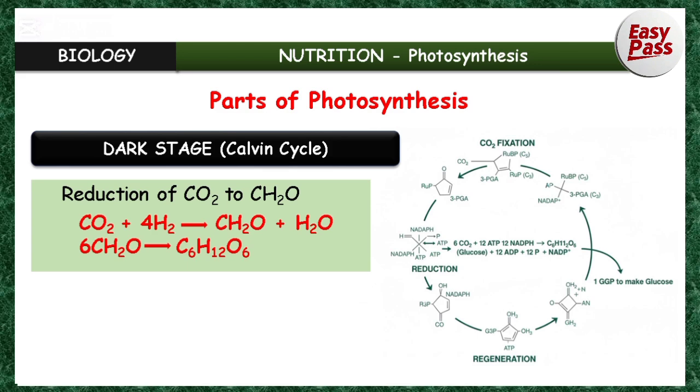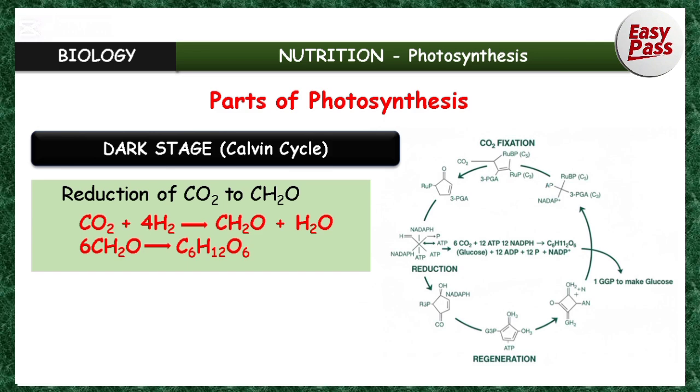Now, the dark stage reaction of photosynthesis is also called Calvin's cycle. That is to give honor to the name of the man who discovered or who worked more on this dark stage reaction.